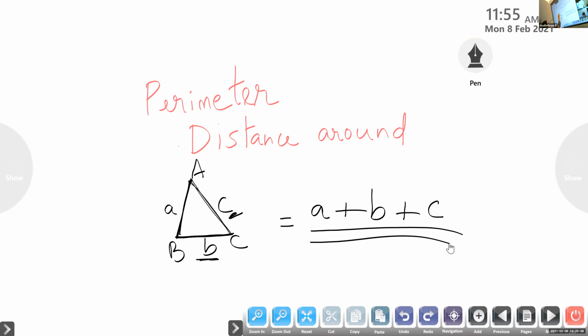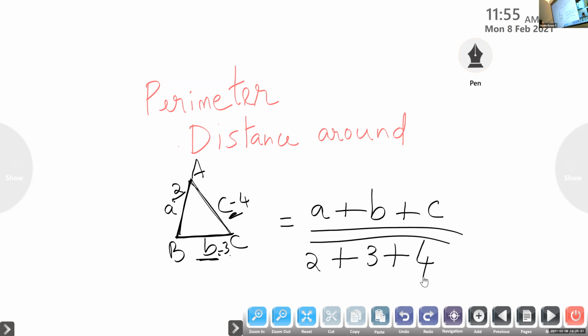So children, for example, if it is given here 2, that is the length of the AB. Instead of A, we can say it is 2. We will add here B equal to 3, C is equal to 4. So what will be the total? We will add 2 plus 3 plus 4. Very easy.